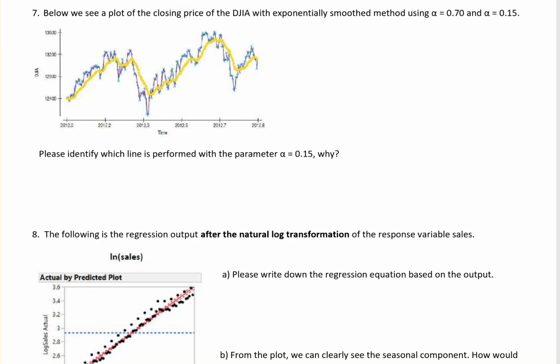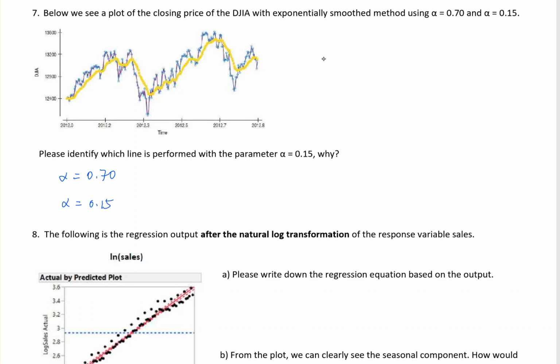The question is, please identify which line is performed with the parameter alpha equals 0.15, the yellow one or the purple one. Here we have two options, 0.70 and 0.15, and two lines.